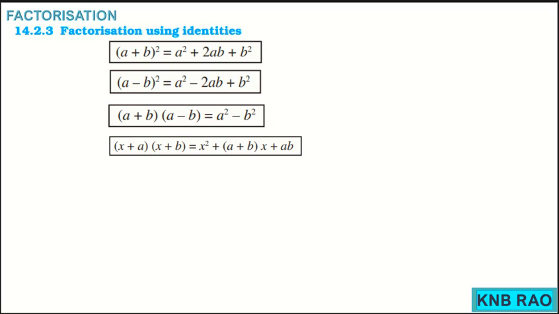Now children, having these four important algebraic identities, you can factorize some of the algebraic expressions. Now let me consider one example. Here, factorize x square plus 8x plus 16.